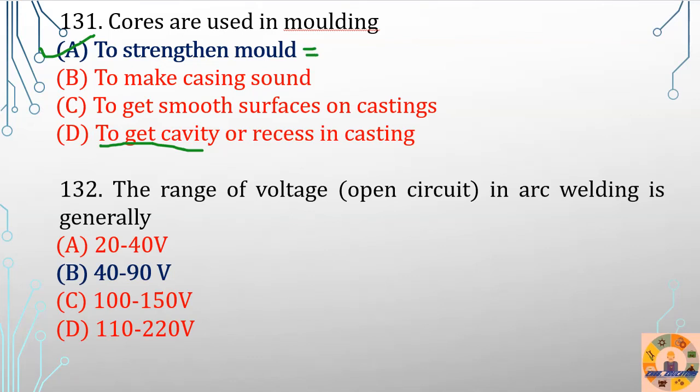Now question number 132. The range of the voltage in open circuit in arc welding is generally. So open circuit voltage is usually 40 to 90 volt, and open circuit voltage is the voltage which is required to generate the arc.